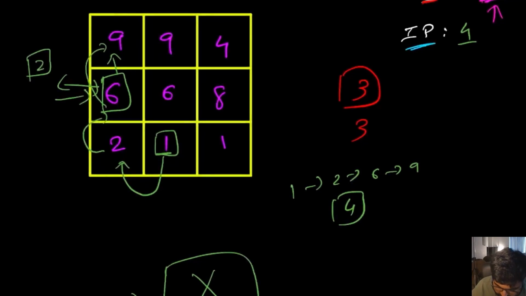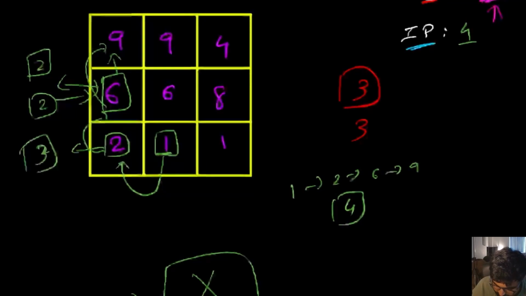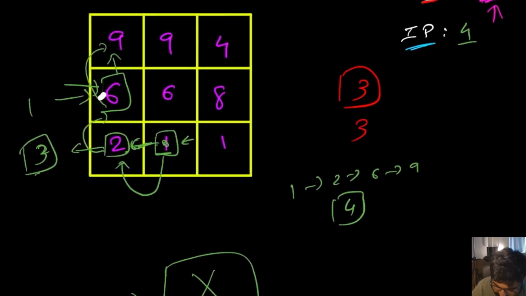What if we already knew that at value number 6 the longest we can do is going to be 2? Same way, for this value number 2, the longest we can make is going to be 3. So based on this information, if we are at value number 1 and we need to go to this value number 2, we can clearly see that from 1 there is an increasing path that leads to 2, and from 2 we already know that the maximum longest increasing path it can generate is of value number 3.